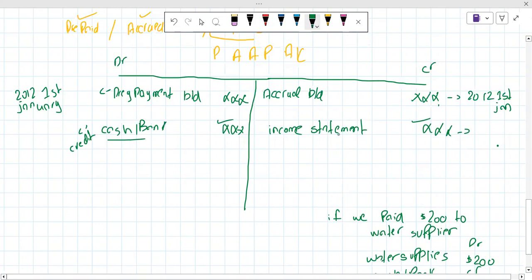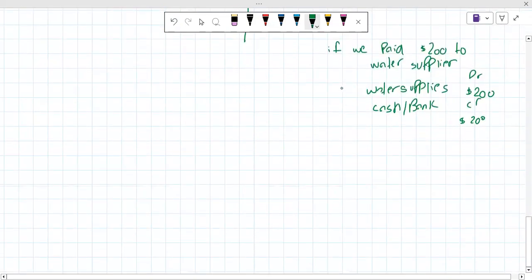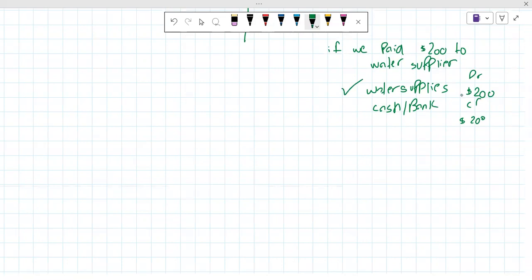For example, with these water supplies, this is the initial entry: if we pay $200 to the water supplier, our water supplies would be debit and our cash and bank would be credit, because we are paying some amount to the water supplier.